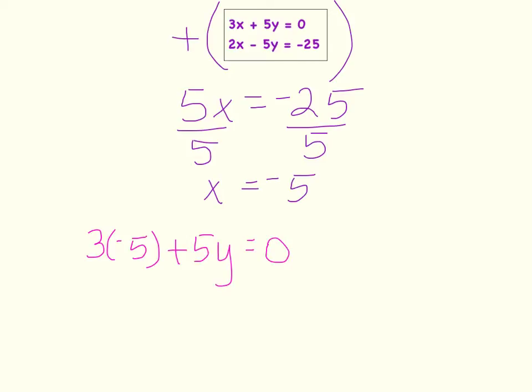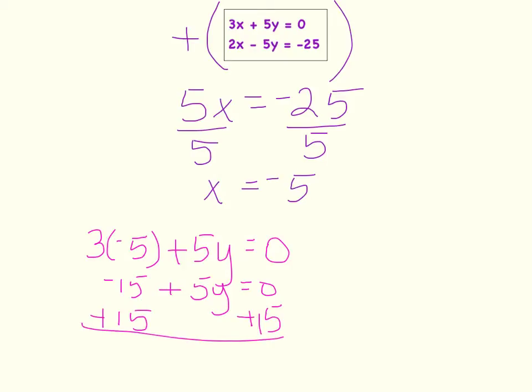So 3 times negative 5 is negative 15, plus 5y equals 0. Now I'm going to add 15 to both sides, and that gives me 5y is equal to 15.